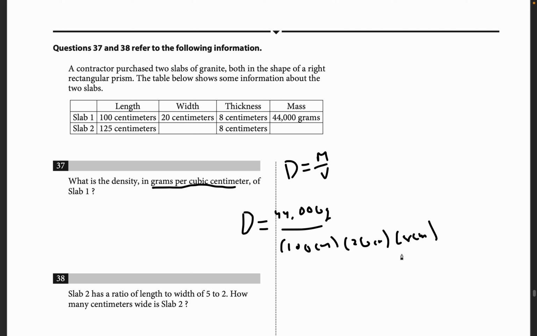Okay, let's do that. 100 times 20 times 8. That's 16,000. 44,000 divided by 16,000. That'll be 2.75. That's the density.